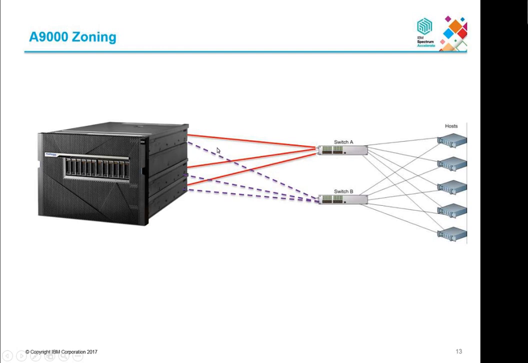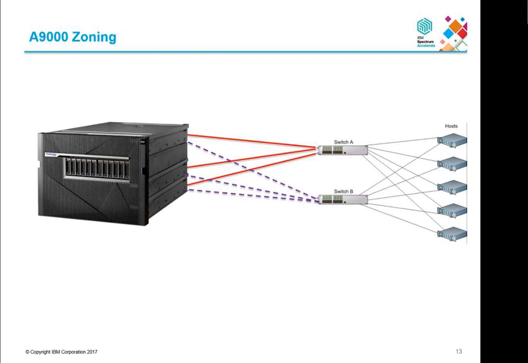My A fabric will be the ports 1. My B fabric will be the ports 3. I specify as best practice I use ports 1 and 3 for host connectivity and don't use ports 2 and 4. I save those for replication or migration connectivity.